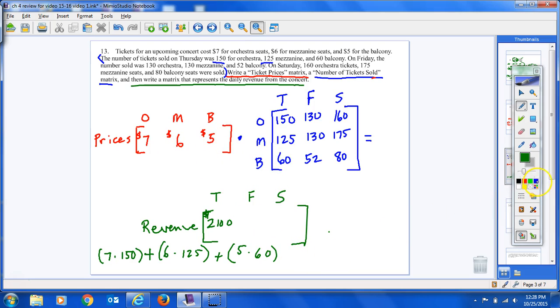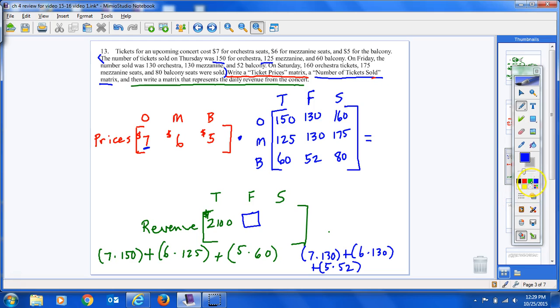Maybe I won't finish this off, but I'll save you a little bit of time. You know what the answer is. You can get that from Moodle. But let me just go ahead and help you. I'll do this in blue. For Friday, very similar. 7 times 130 plus 6 times 130 plus 5 times 52. And that result should go here in dollars.